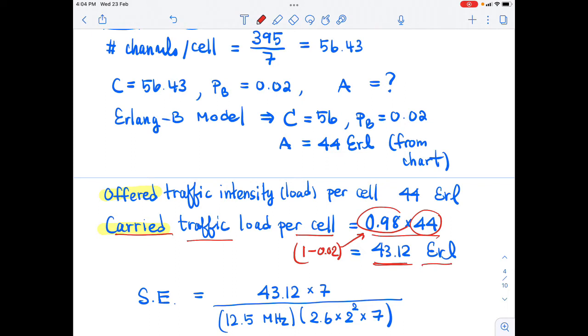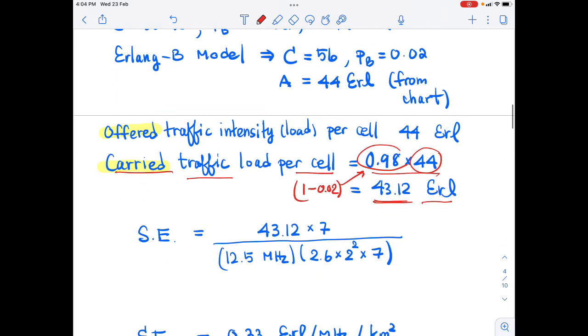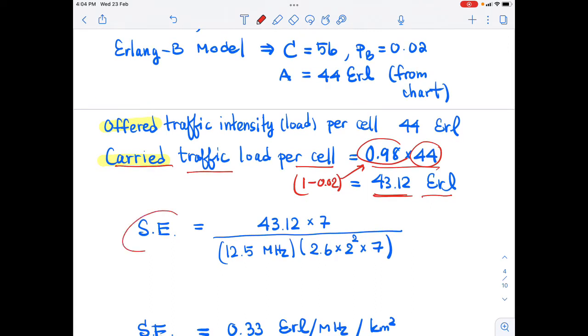Now we have everything we need to determine spectral efficiency. Spectral efficiency is equal to total carrier traffic intensity.